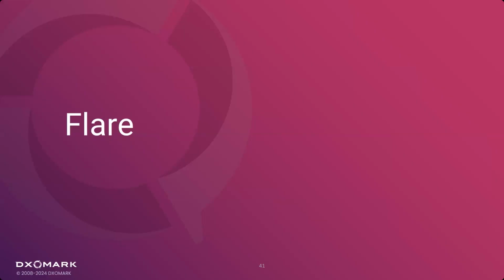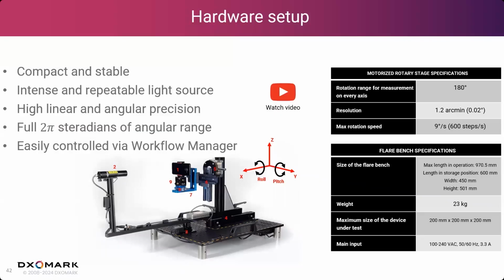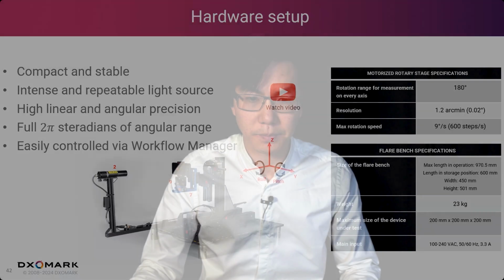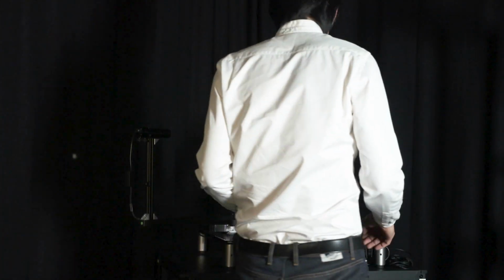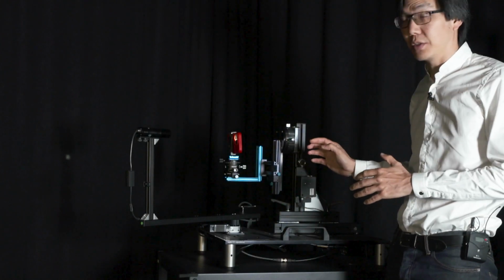So now we go for one of the most complicated parts, at least for the simulation, I believe, which is the flare. And on our side, can we move to the next? So for the flare, let me show you the system itself directly. We have created a full system to test the flare on the camera system.